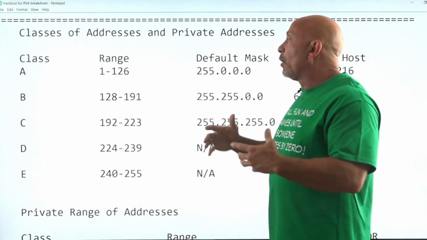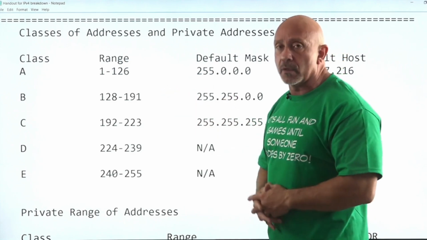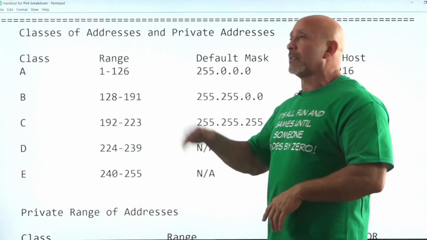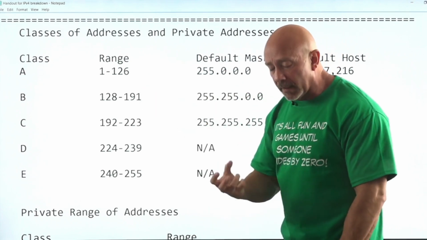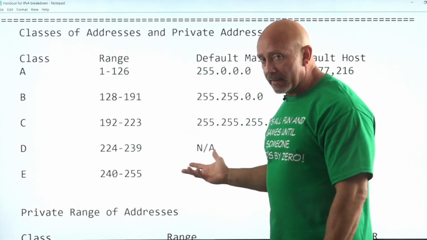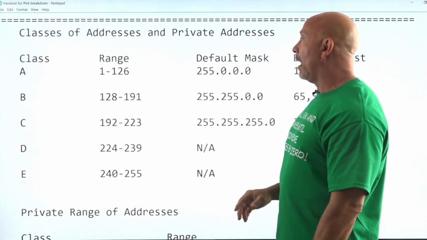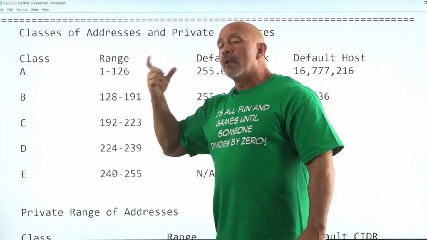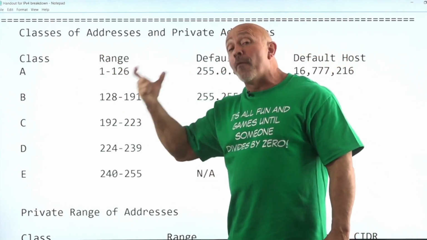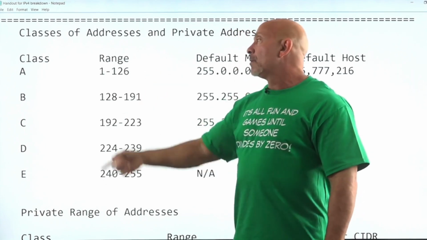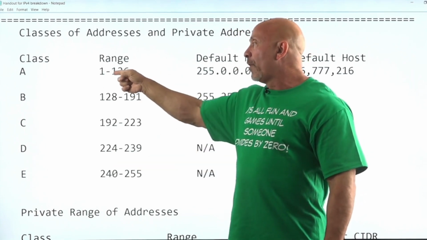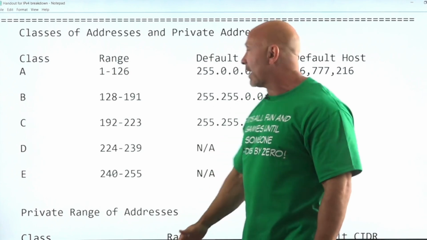If they just ask what mask we are using, we could be using a 28, a 24, a 17, whatever, because the class of address doesn't matter for having whatever mask. So a class A, you identify an IPv4 address by the first octet. A range of 1 through 126 would make it a class A.